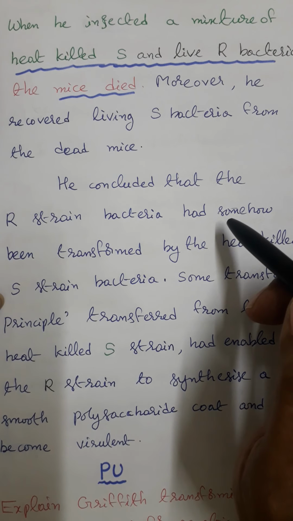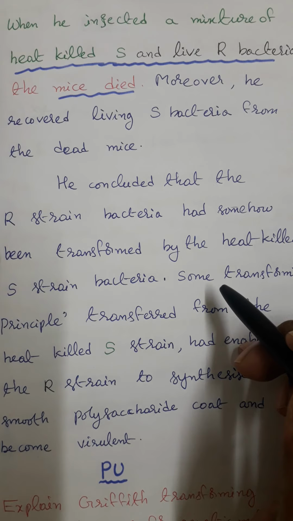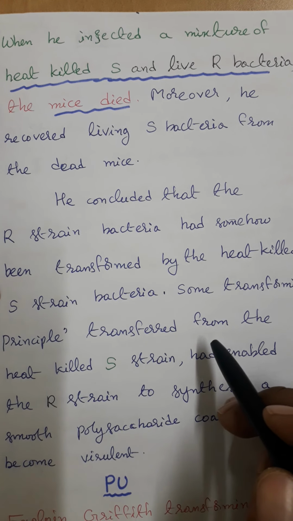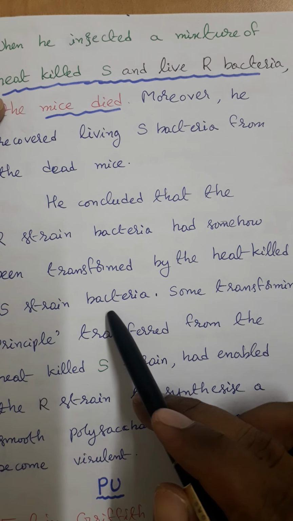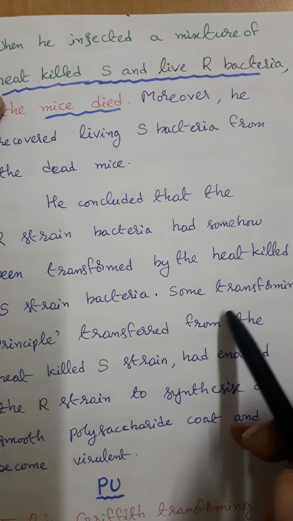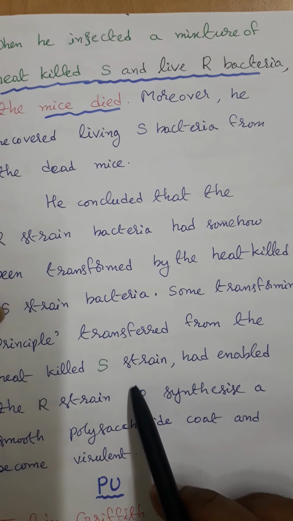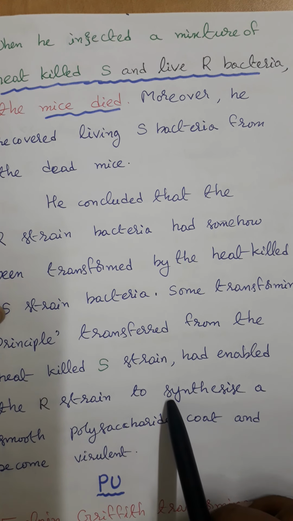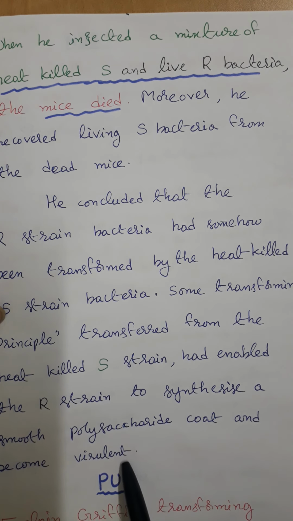He concluded that the R strain bacteria had somehow been transformed by the heat killed S strain bacteria. Some transforming principle transferred from the heat killed S strain had enabled the R strain to synthesize a smooth polysaccharide coat and become virulent.